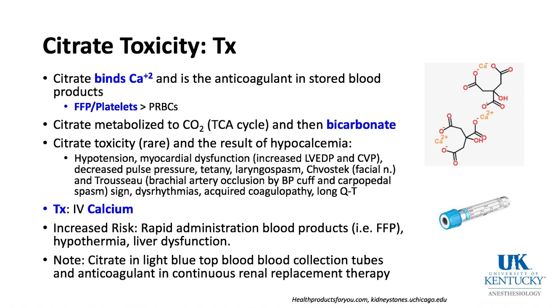And so Chvostek's and Trousseau's signs are signs of hypocalcemia. Dysrhythmias can occur from hypocalcemia, coagulopathy from hypocalcemia, and QT interval can start to prolong as you get hypocalcemic. So citrate toxicity should be equated with hypocalcemia and what hypocalcemia causes.